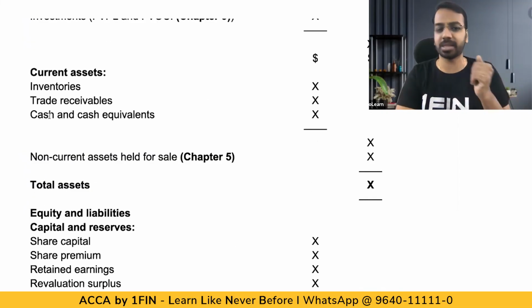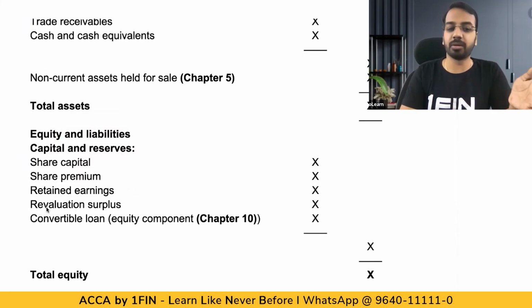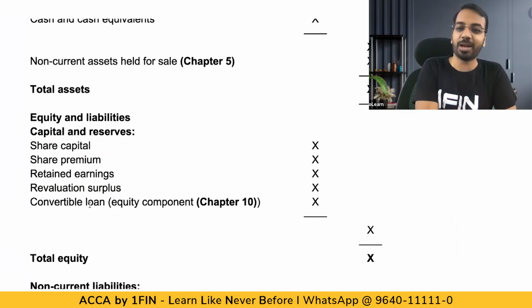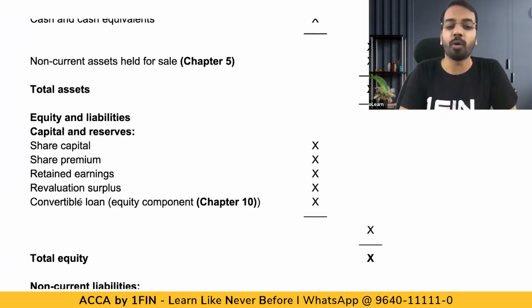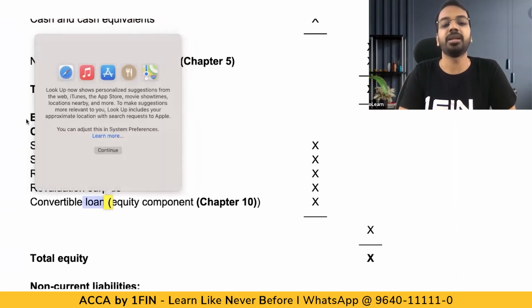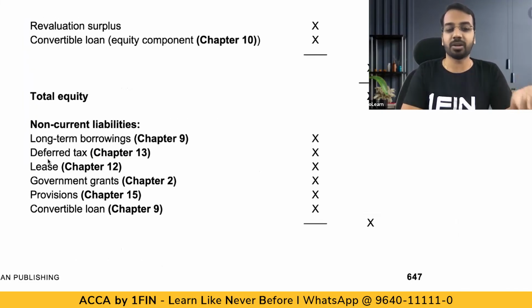Here also you'll have specific standards. Then you have equity and liabilities, share capital, premium, retained earnings, OCI or revaluation surplus, convertible loan, ignore for now. Only when you understand financial liabilities and equity, you'll be able to understand why we put loan under capital and reserves. Then you have non-current liabilities, all of these items, borrowings, deferred tax, leases and all of that.